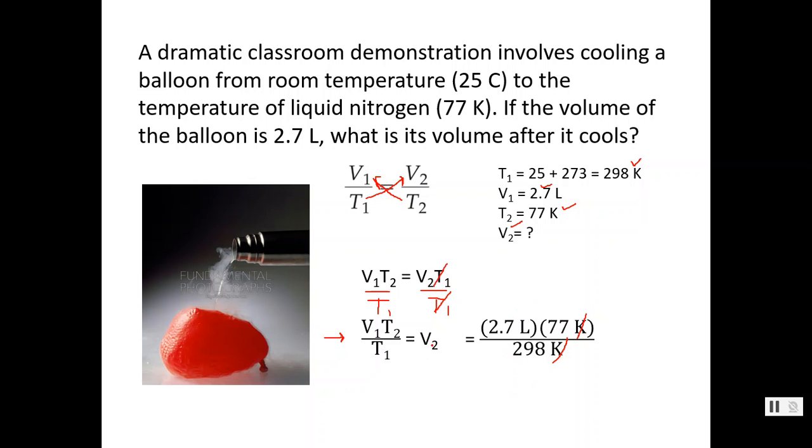I'm looking for a volume of V2 in liters. So doing the appropriate multiplication and division, you should get 0.70 liters. And that makes sense. You would expect a volume that is smaller than what you started with because your temperature decreased. So that is how you do problems with regards to Charles' law.